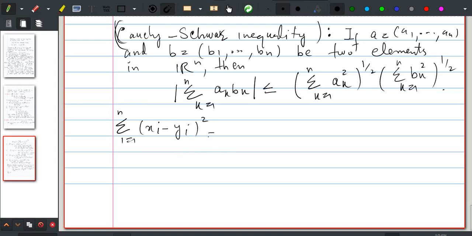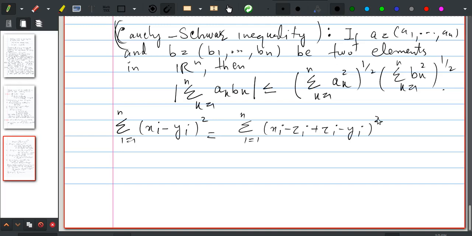This is the same as sigma i runs from 1 to n of (xi minus zi plus zi minus yi) square.